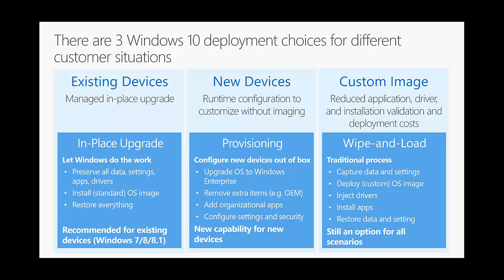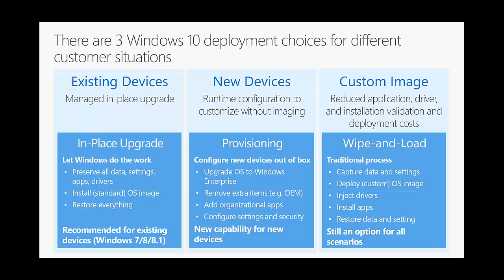For new devices, in place of what we call imaging, you can do what we call provisioning, where you set up certain settings and runtime configurations and customize the image on that device to roll it out to the users.